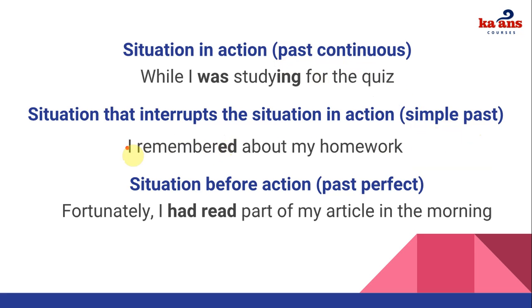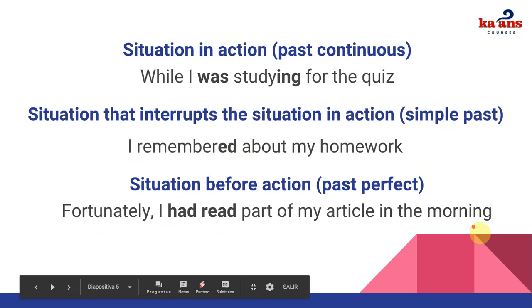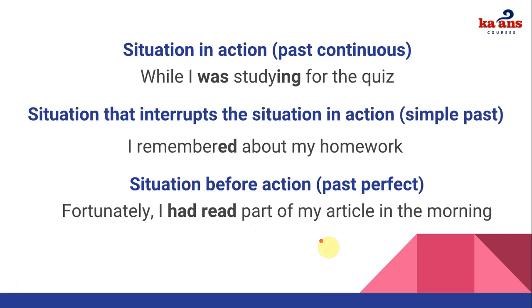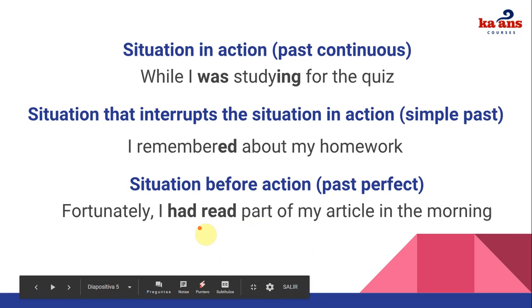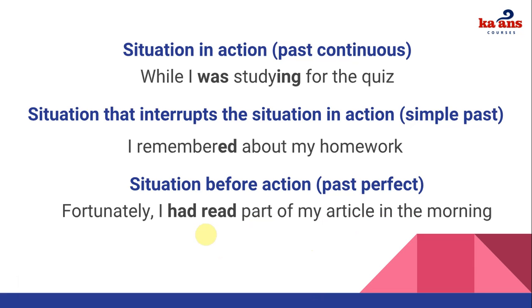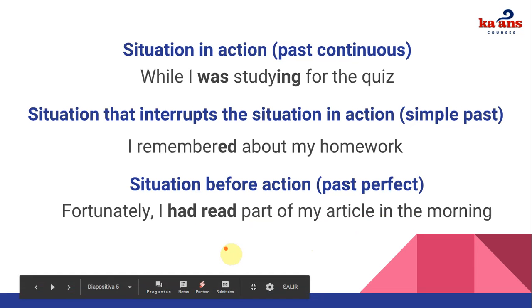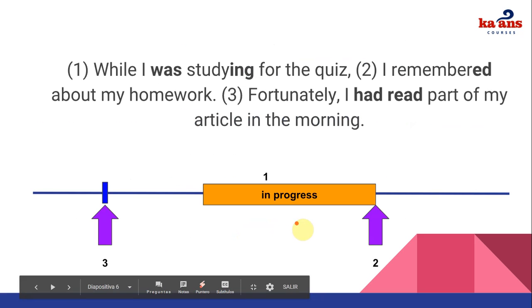And before any of this story, we have another tense, the past perfect: fortunately, I had read part of my article in the morning. So before you were studying, before you remembered your homework, you had read part of your article. You had done a part of your homework, and you realize that. This is the third tense, the past perfect.